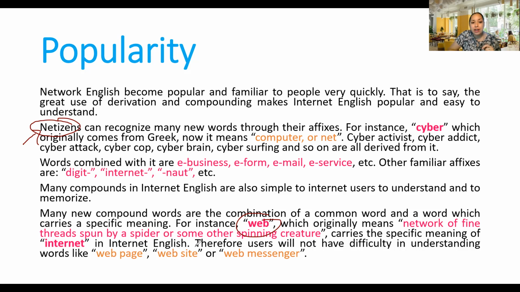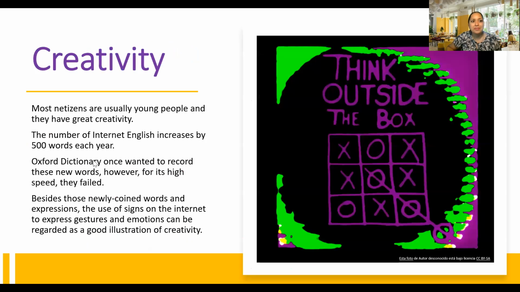So in internet English, we use it for understanding words like web page, website, web messenger. So web is about connecting, right? It's not like a spider web. We let it be for connecting people or connecting information like website and so on. Nice, isn't it?